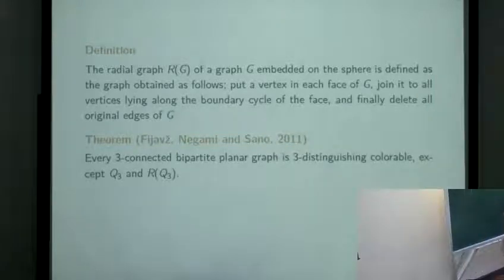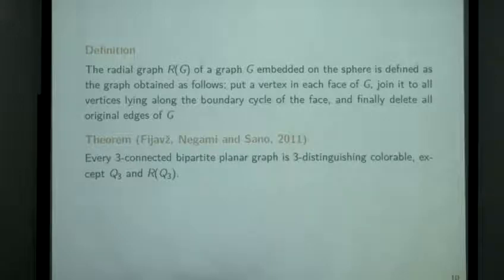And you see a nice theorem here about three-connected bipartite planar graphs, which are 3-distinguishing colorable, except these two kinds of graphs, the cubic tree and the radial graph of Q3.